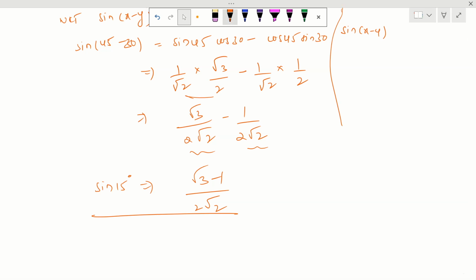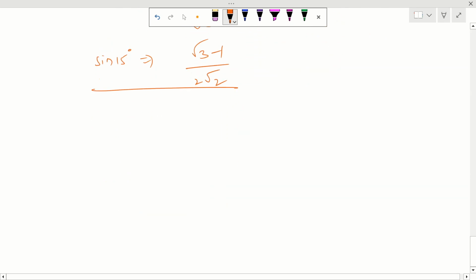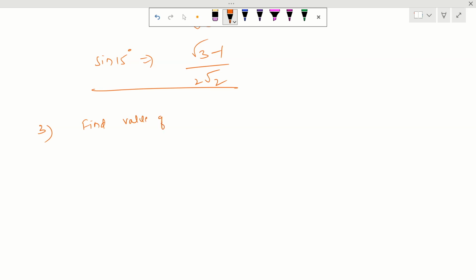Now we come to the third example: find the value of tan 13 pi divided by 12.